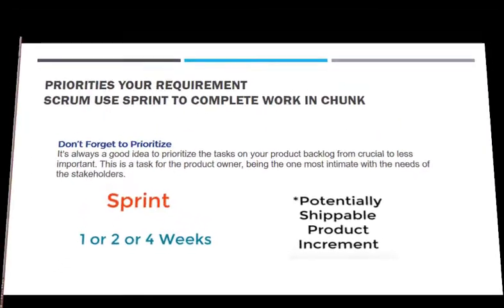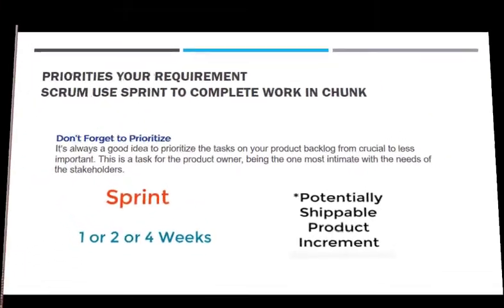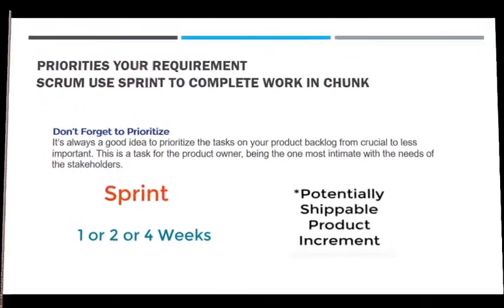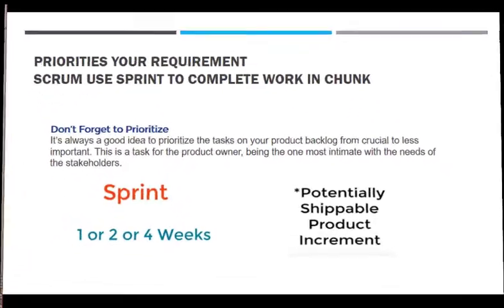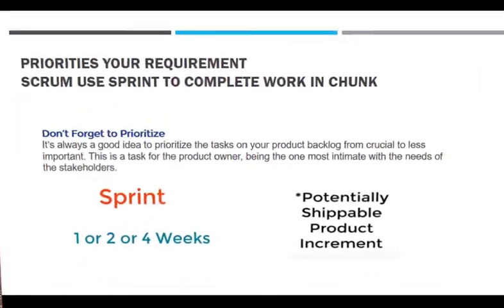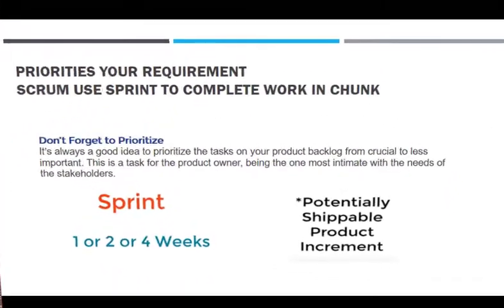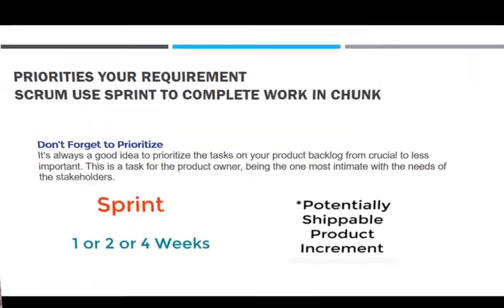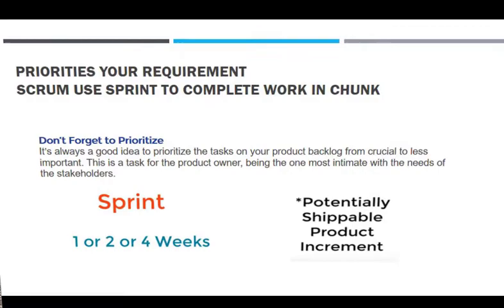If we talk about what the Scrum framework consists of, then we have roles, events, artifacts, and rules, and each component serves its own purpose for Scrum success. So it's very important to know the potential uses of Scrum.